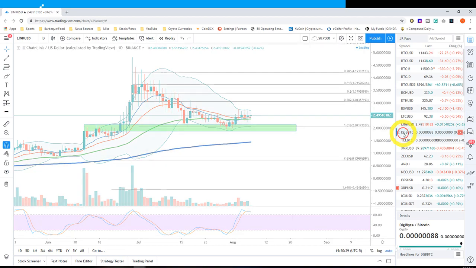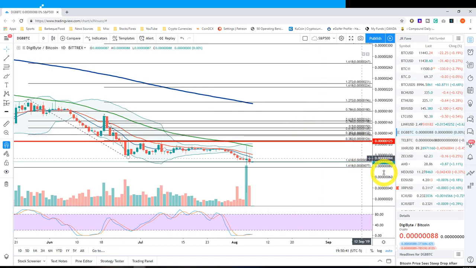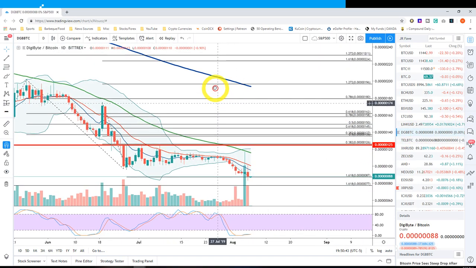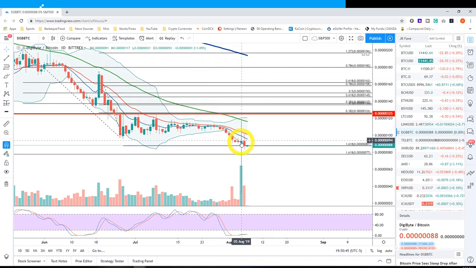And then DGB, that one was kind of a disappointment. I really thought that, this was a wild move right here. And that wick down was not real, by the way. That was some bad trade, because if you go look on KuCoin exchange, it only hit like 83 or 80 something. Just something to screw with my charts.